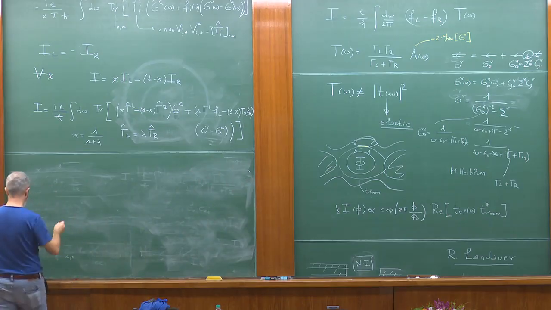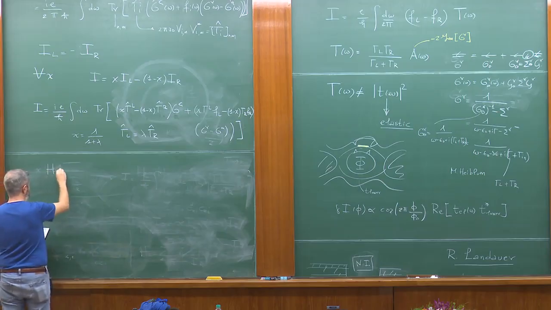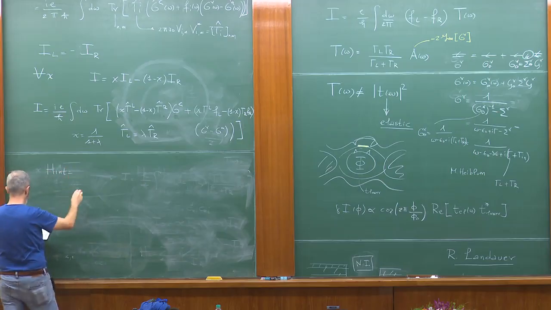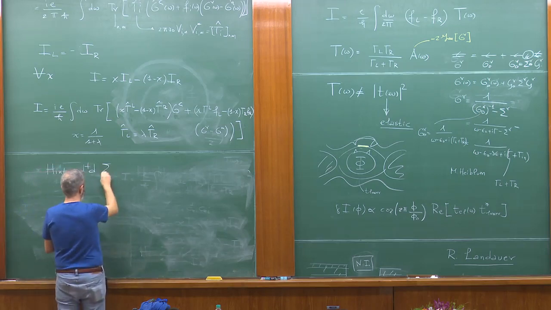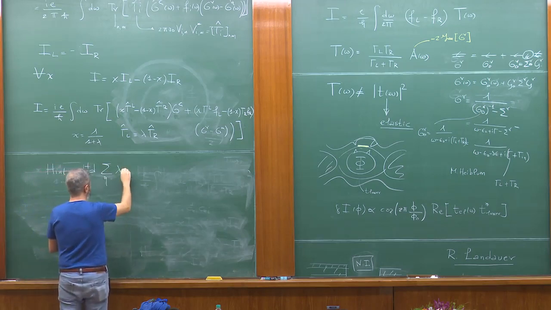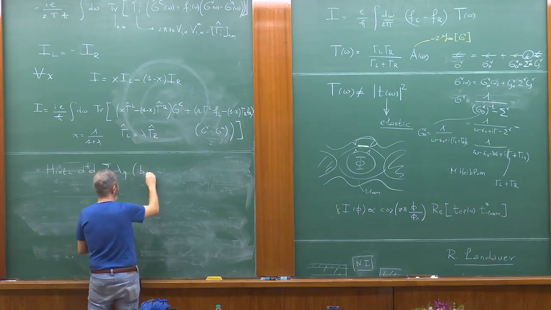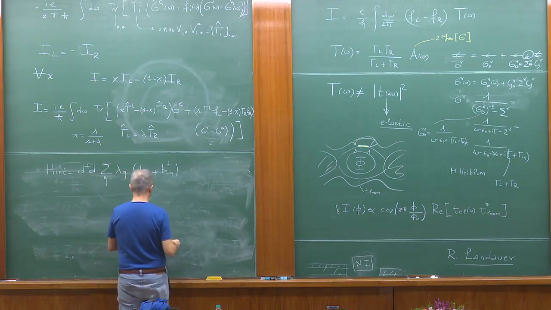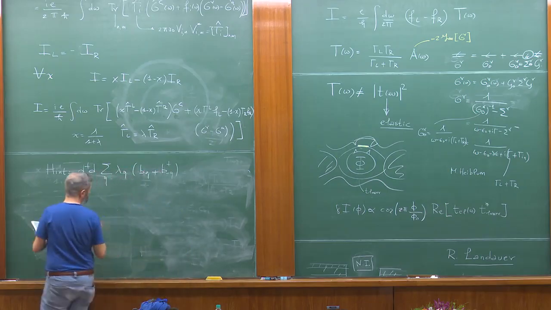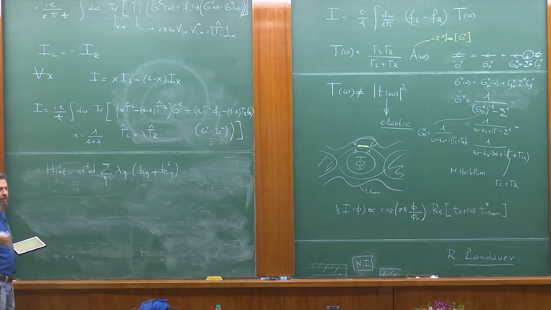Imagine taking as H interaction d dagger d sum over q lambda q (b_q plus b dagger minus q). Okay, so kind of similar to electron phonon interaction.